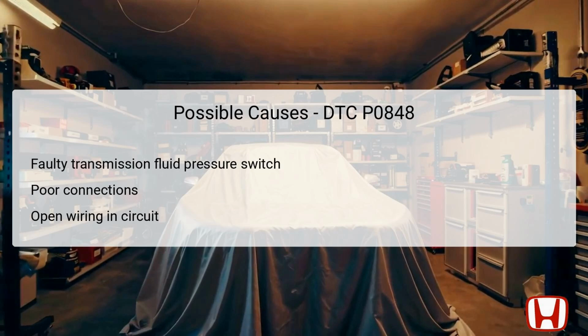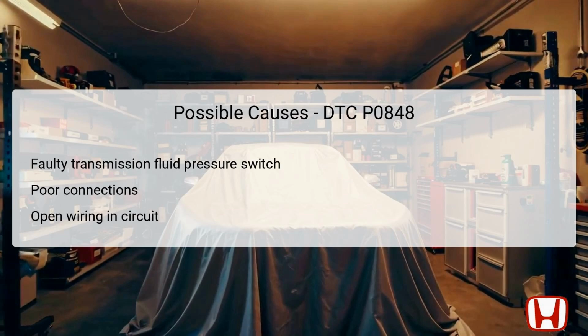When addressing DTC P0848, several potential causes must be considered. Firstly, a faulty transmission fluid pressure switch B may result in inaccurate pressure readings. An intermittent electrical connection can also lead to issues with the switch functioning correctly, so checking for poor connections and loose terminals is essential.